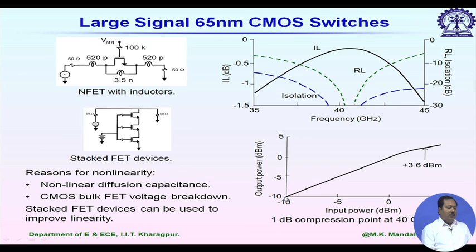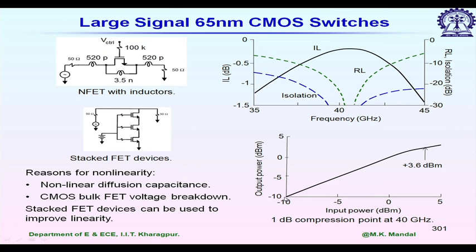Another important point, when we go for high power applications, is the 1 dB compression point of the switch. You remember that we are assuming the switch to be a linear device. Here is how we obtain the 1 dB compression point: first we plot the output power versus input power.